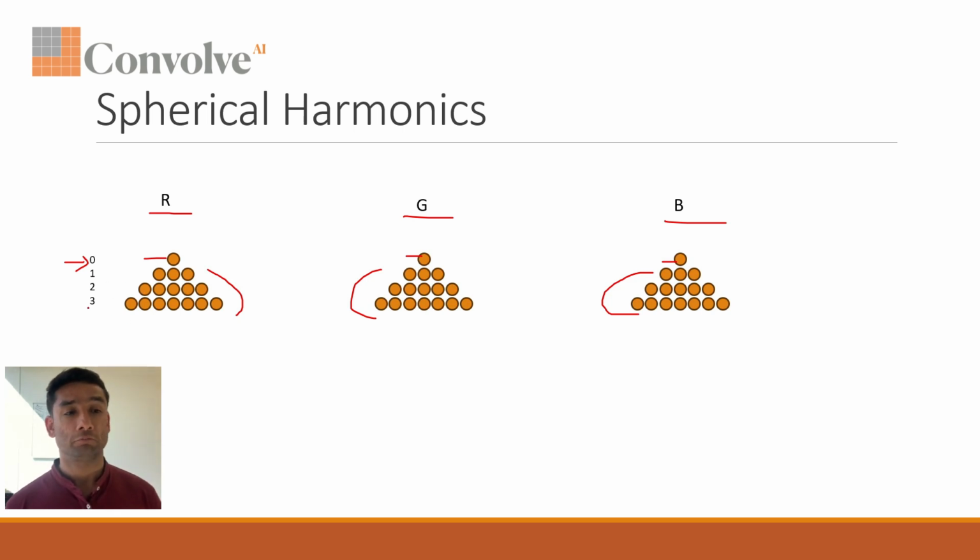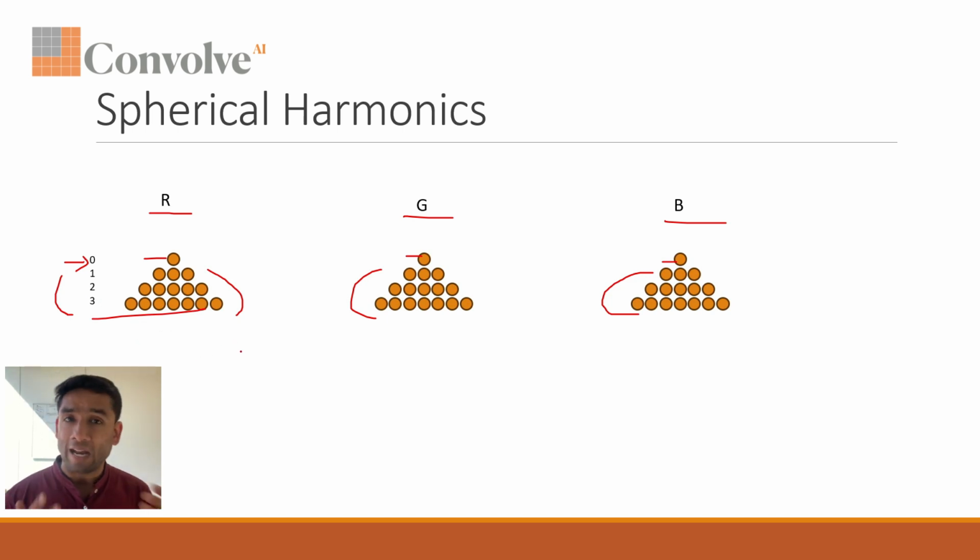For example, these would play a part when you're looking at an object from different viewpoints, from different angles. Lighting will change, reflections will change, and that's where some of these high order spherical harmonics will play a role.